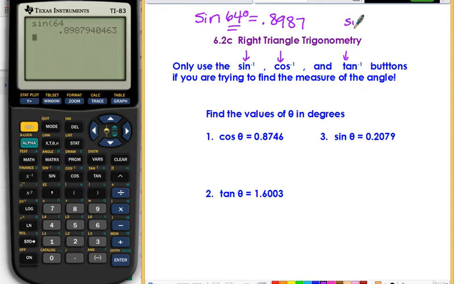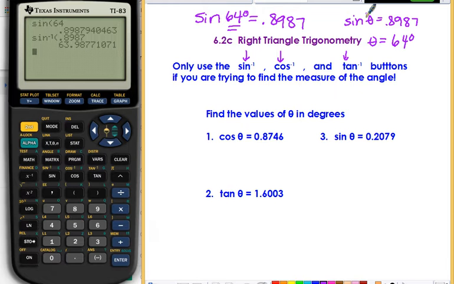If I know that the sine of some angle is 0.8987, and I want to figure out what the angle is, then I hit second sine 0.8987, and I get approximately 64 degrees. We're always going to round to the nearest whole number, so this is 63.9877, which we'll round to 64.